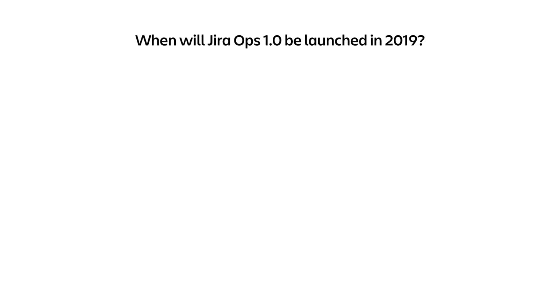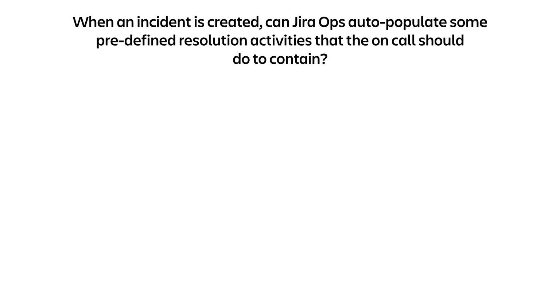And let's jump into another question here. When an incident is created, can Jira Ops auto-populate some predefined resolution activities that the on-call should do to contain it? This is a great question.